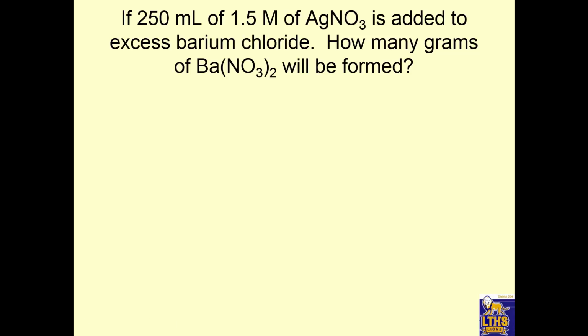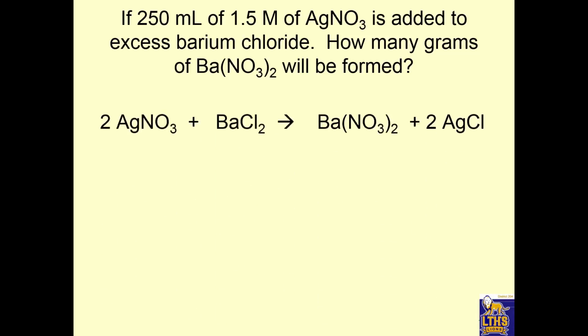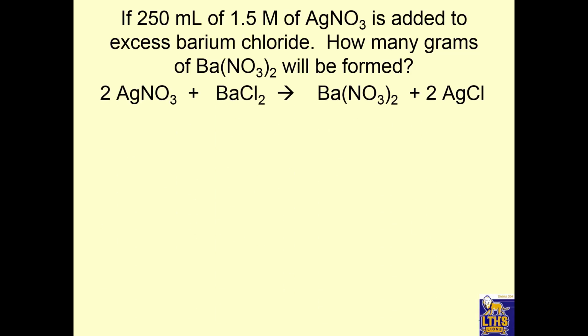Luckily, we just learned it. Okay. So we need a balanced equation. And so we have this much silver nitrate going in. We want to know how many grams of barium nitrate come out. Grams coming out. Okay. So this time, since this is a solution, we have moles per liter, and here's our milliliters.